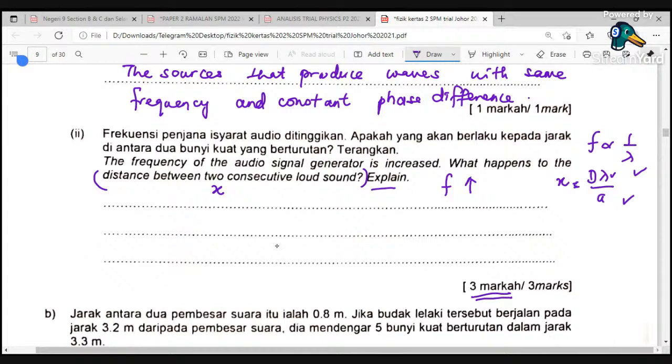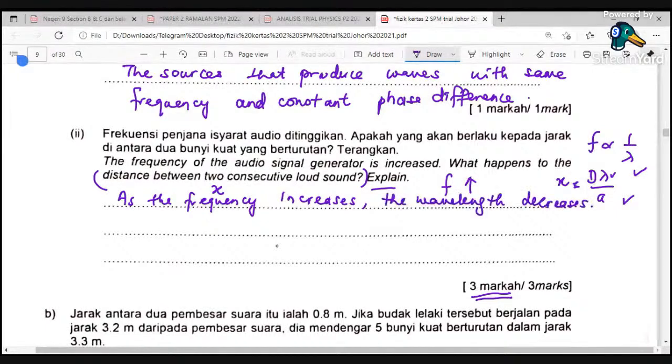Okay. As the frequency increases, the wavelength decreases.